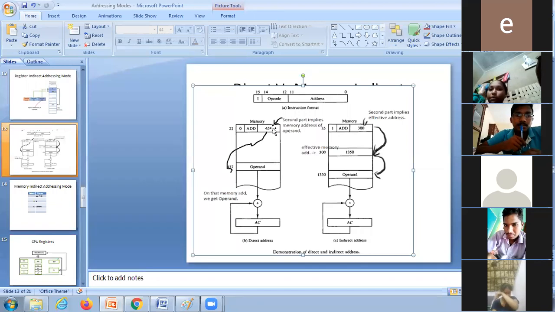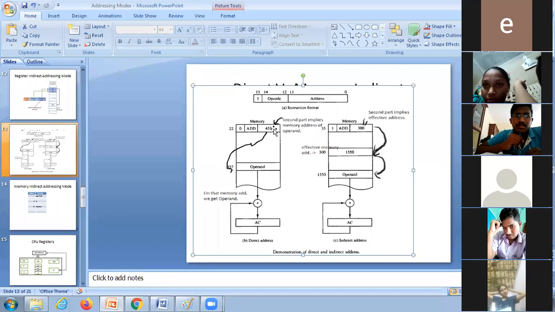Add 457 means, as I have given earlier, add the accumulator content with the value available in address 457. What type of instruction is it?